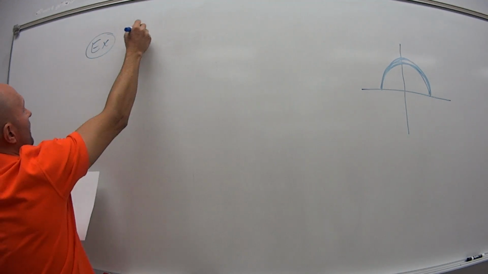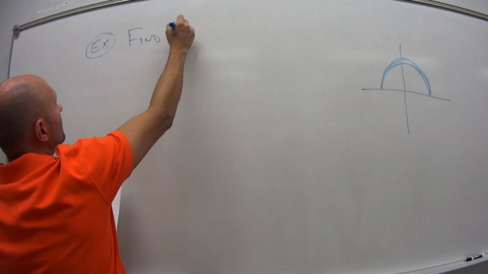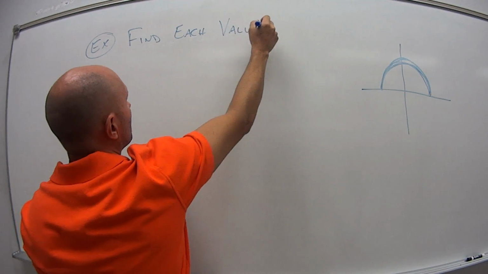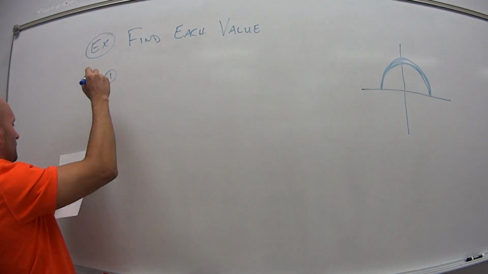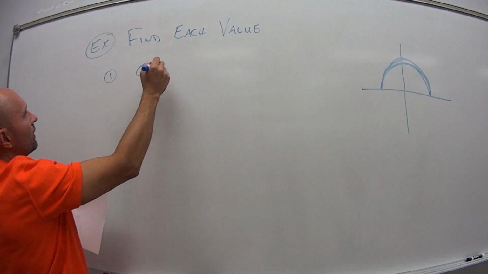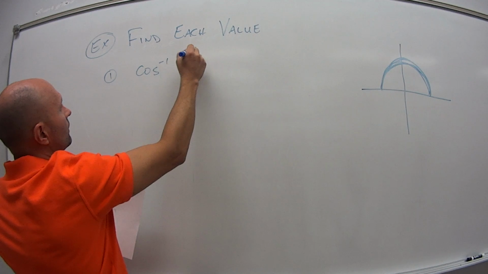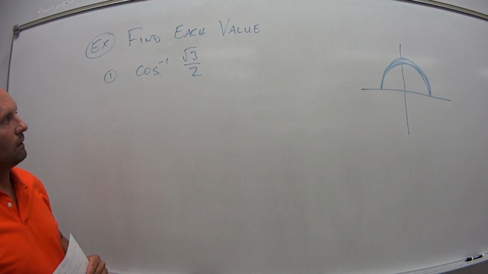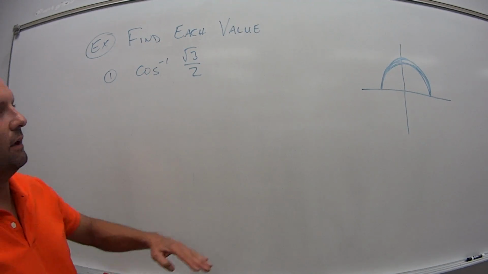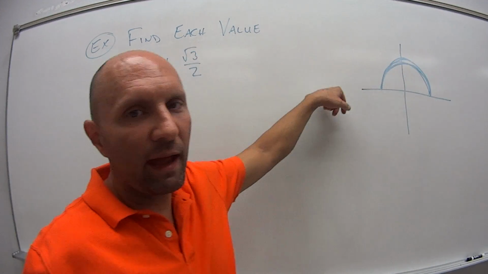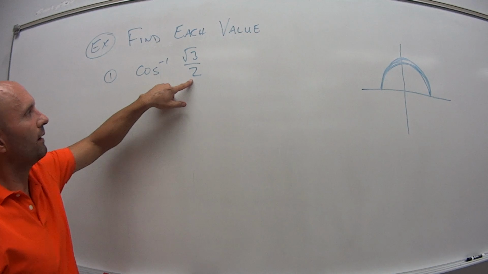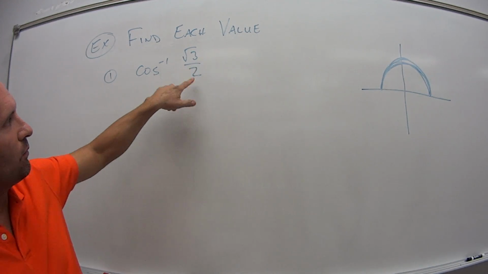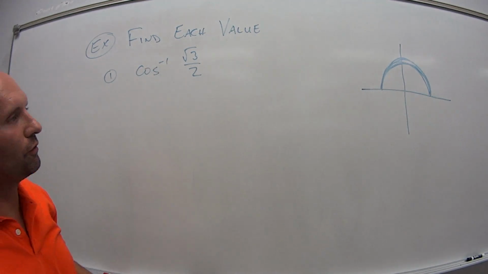Let's say we want to find each value. And the first one, we want the cosine inverse of square root of 3 over 2. So, if we are talking about the top half of this circle, where would the value for cosine be equal to square root of 3 over 2?